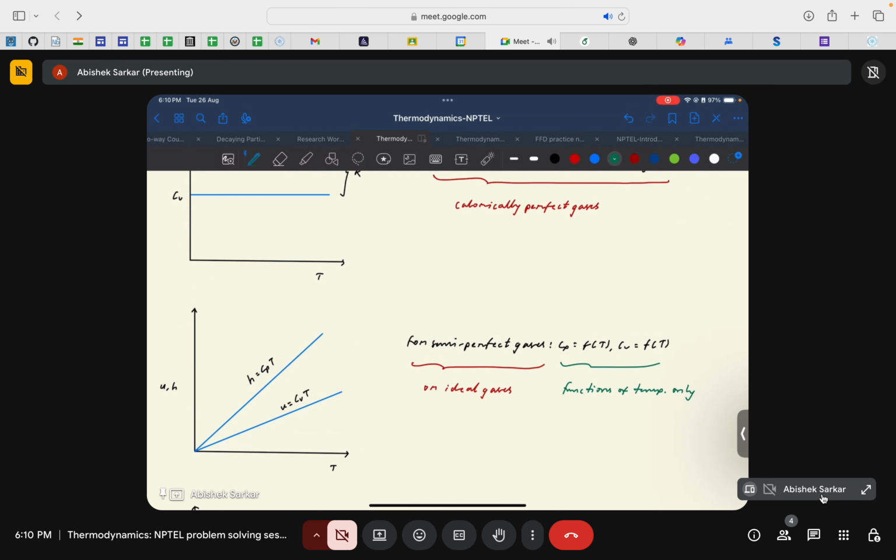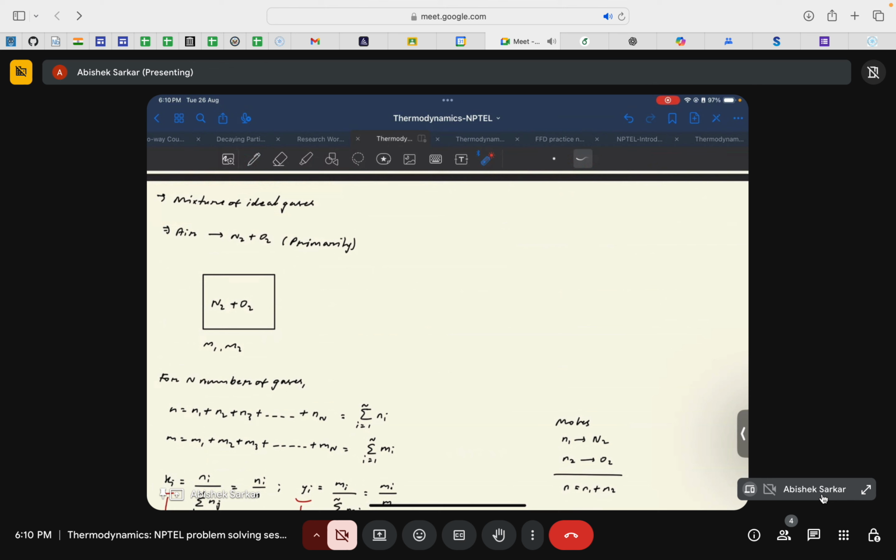Now let us look into mixtures of ideal gases. This will be the predominant topic of today's discussion. We will try to understand how mixtures of different gases are analyzed thermodynamically, and apply the first law of thermodynamics to solve some relevant problems. As a precursor, all these derivations are thoroughly discussed in the lectures, so I'm just going to go through them once.